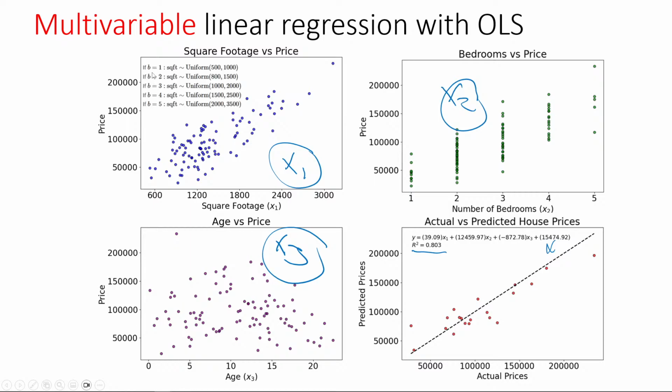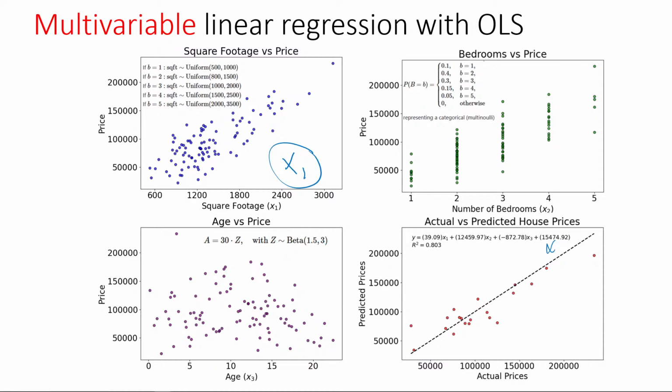If you are curious how I generated this data, this is the model that I used to generate this random data. I used a beta function here to generate it.